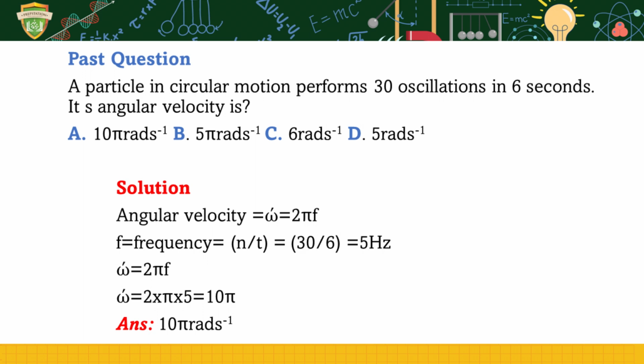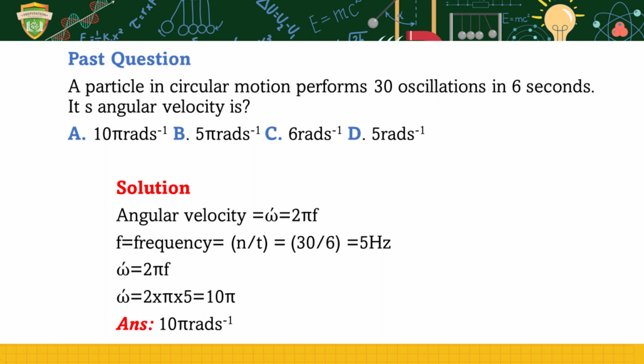Substituting into angular velocity, which is equal to 2 pi f, you have 2 pi multiplied by 5, which gives 10 pi radians per second. So the answer to that question is option A, which is 10 pi radians per second.